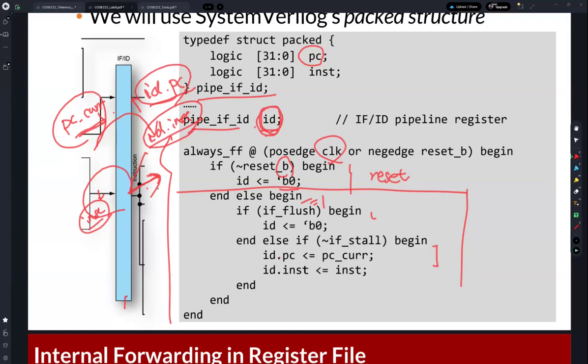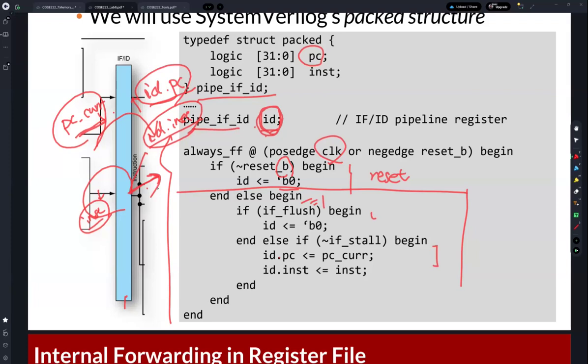It's maintained, right? And in the D flip-flop design, if the output is maintained, then we don't need to define the maintained signal. Do you understand?